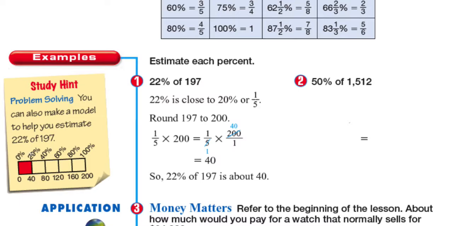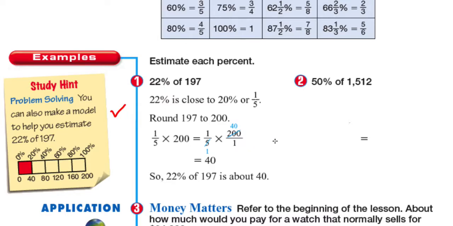Is it close to 0, 20%, 40%, 60%, 80%, or 100%? It's closer to 20%, and 20% is closer to 40, so our answer is about 40. But this is more work when you create the model, so we'd rather do it the way we did in example 1.